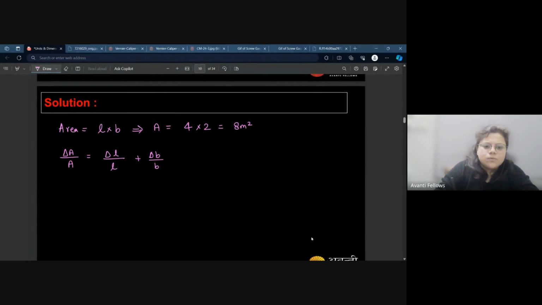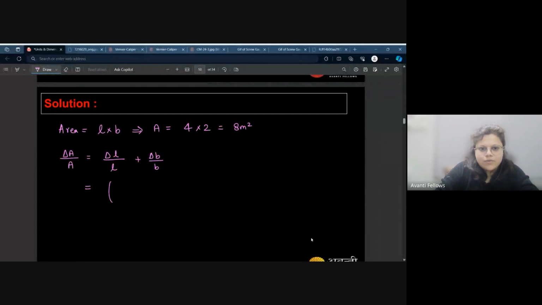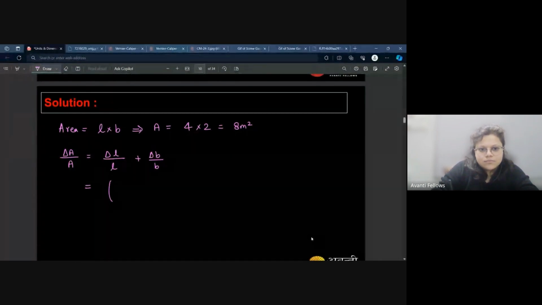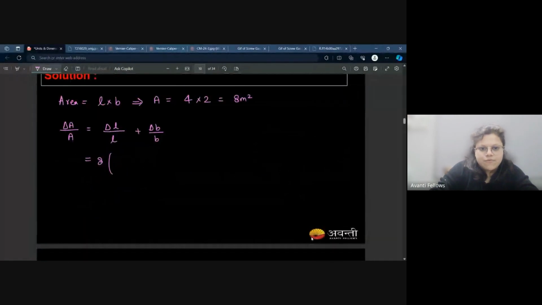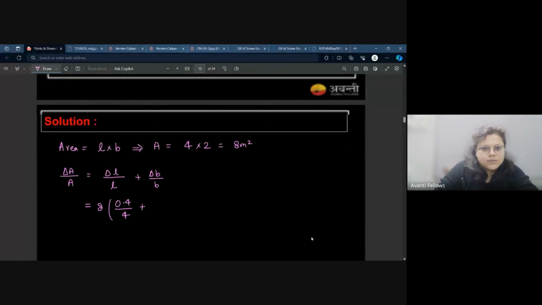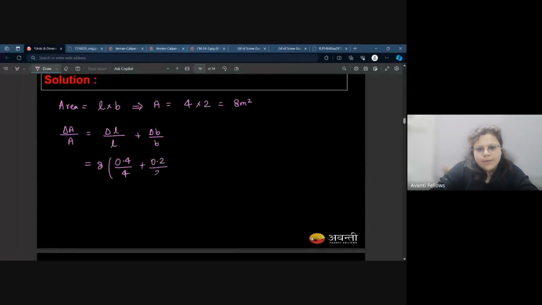Just put the values. Area you have over here is 8. Delta L is 0.4, so 0.4 divided by 4, and 0.2 divided by 2. Just solve it.